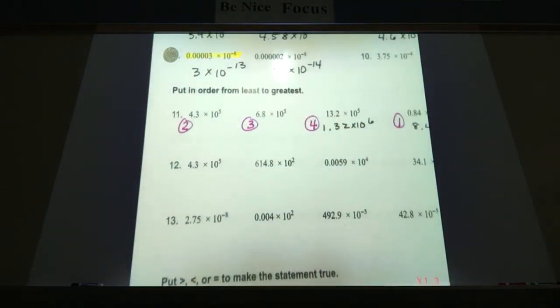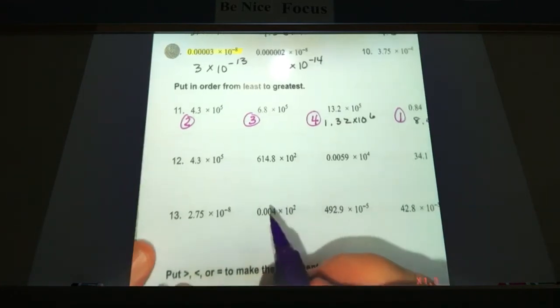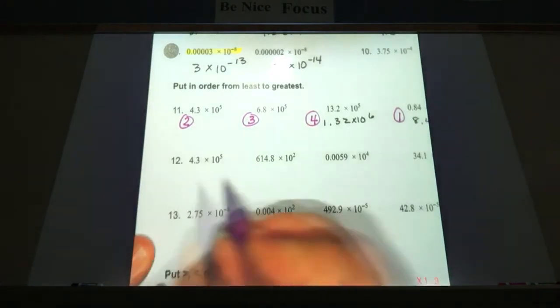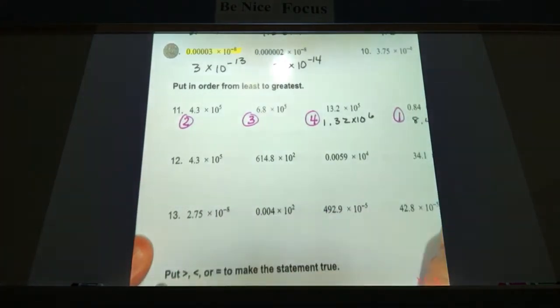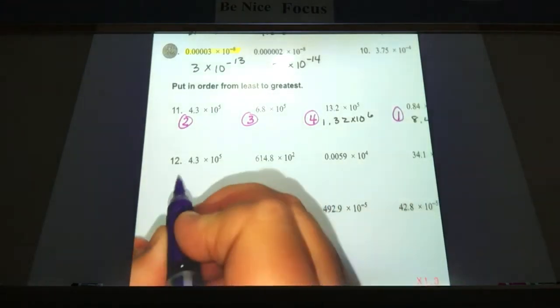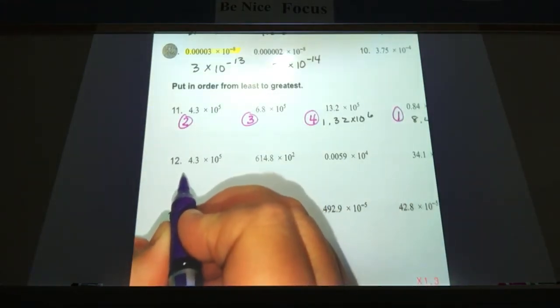Another way to do this is if you put them all out into standard form. So I'm going to go on this second one and put them all out into standard form and see what happens. This is number 12.